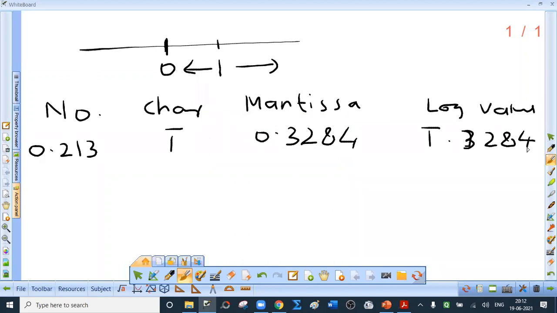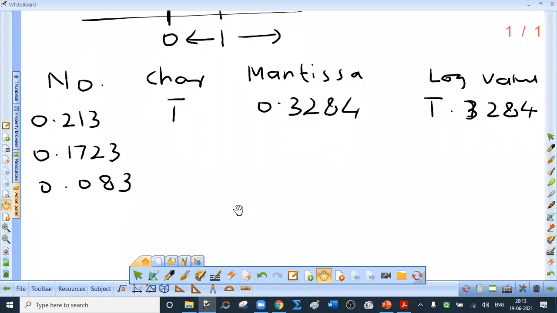Now I will write another number and you have to write its log value. The second number is 0.1723. The third number 0.083.